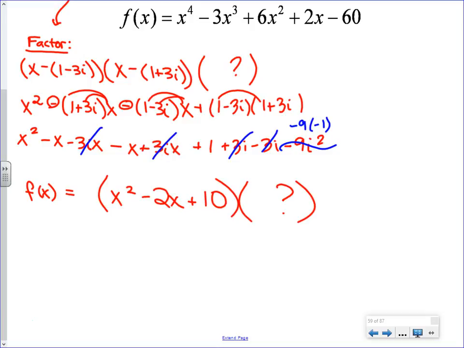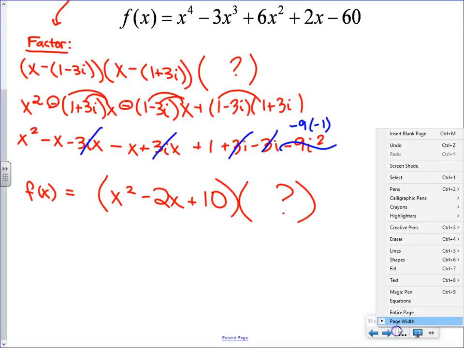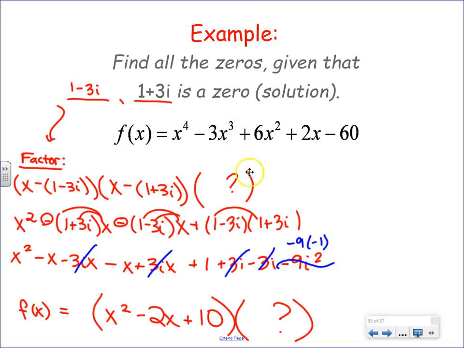How can I figure out the other part if I know this? Synthetic? No. But what can divide? Well, good idea. But if I factor him, guess where he goes? Right back there. How do I use knowing that this polynomial goes into this polynomial?